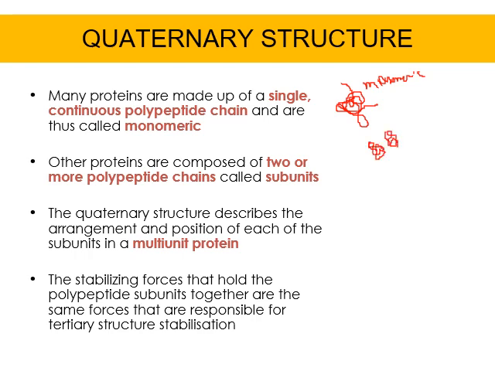Let's say for example this particular protein is made up of 3 different polypeptides, each of these we call subunits. So this protein structure, held together by the same forces or interactions as the tertiary structure, we call quaternary structure. It is an arrangement and position of each of the subunits in the multi-unit proteins.